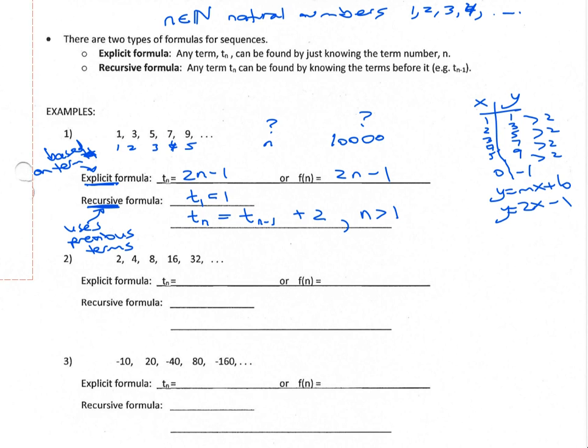But if I give you a recursive formula like this and ask, what is term 10,000? Well, that would be a little difficult, because then you'd have to say term 10,000 is term 9,999 plus 2. But then term 9,999 is going to be term 9,998 plus 2. And so you'd have to know all those other terms in order to figure that out. So even though the recursive formula was easier to write, the explicit formula is easier to use. All right, so two kinds of formulas.